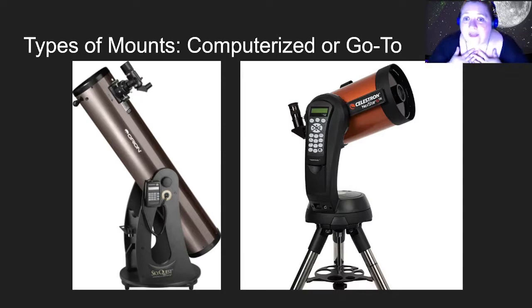Now, I've recently learned that there are actually two different types of computerized telescopes you can get. The one that I'm most familiar with, and what you're probably familiar with, is the type that has a motorized mount, that actually has a motor to move the telescope to where you want it to go. So I could say, point at Jupiter, and the telescope would move itself to point at Jupiter.